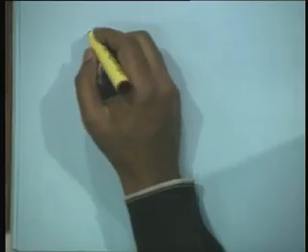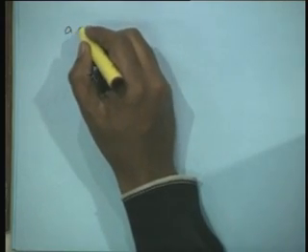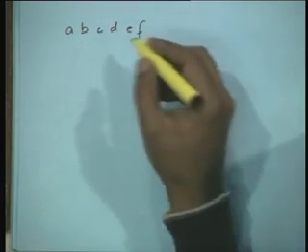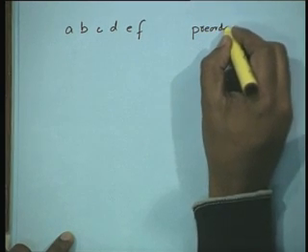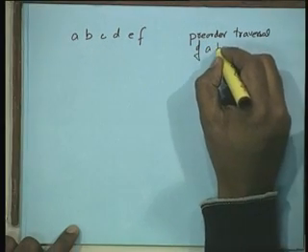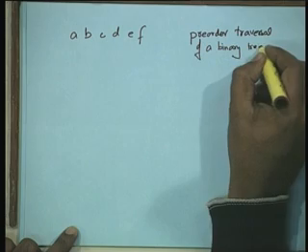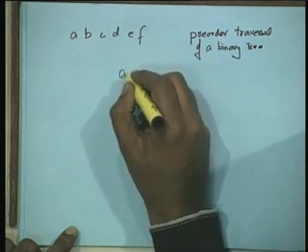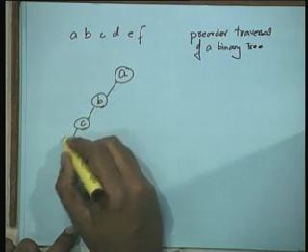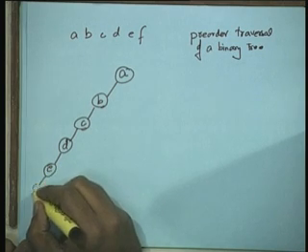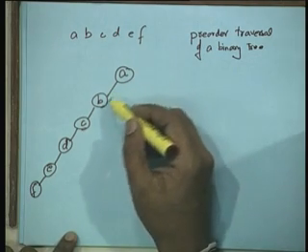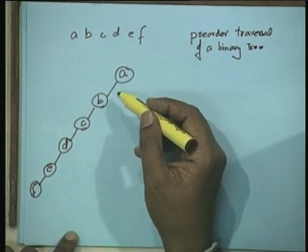So we said A, B, C, D, E, F, let us say, is the pre-order traversal of a binary tree. This is one, and all you are saying is, well, I can make each one of them either a left or a right child of its parent.